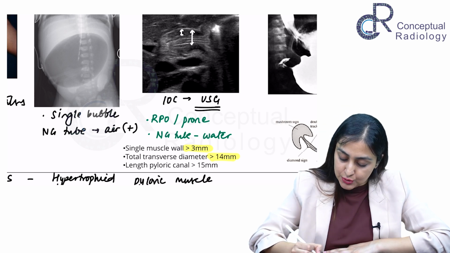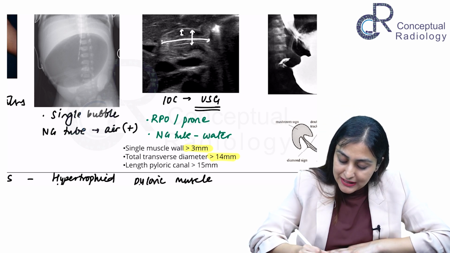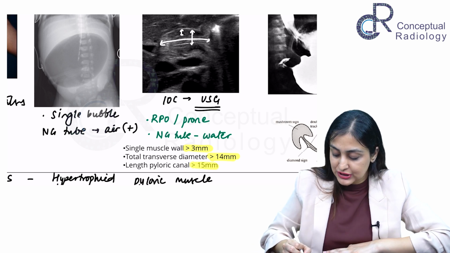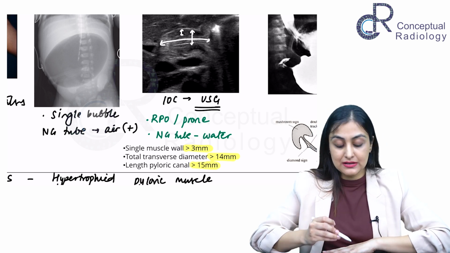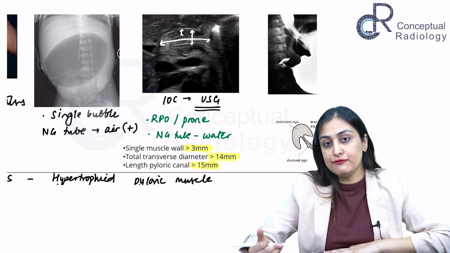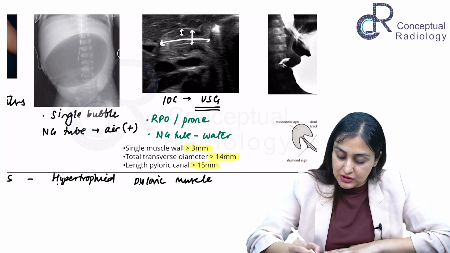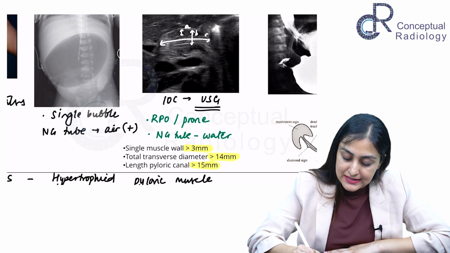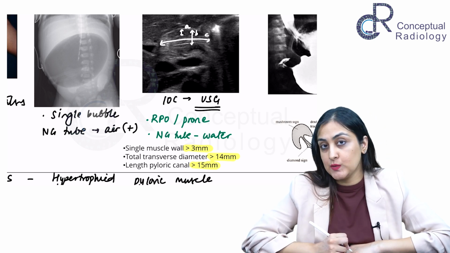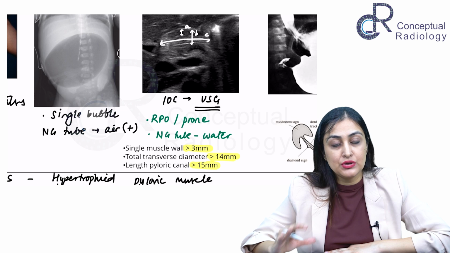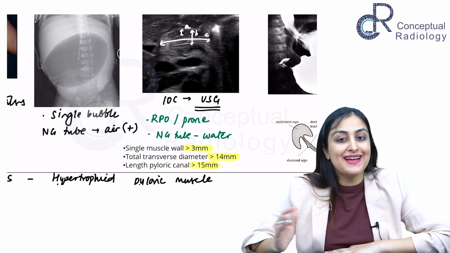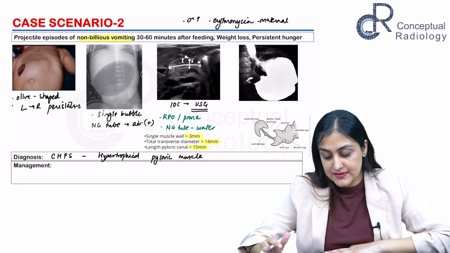And if you take into account the length of the pyloric canal, that has to be more than 15 millimeters. So these are 3 numbers that you can remember: 3, 14 and 15. So I'm just going to label these A, B and C so that we can correlate with the numbers here, right? So these are 3 measurements on ultrasound which is pretty diagnostic of CHPS.